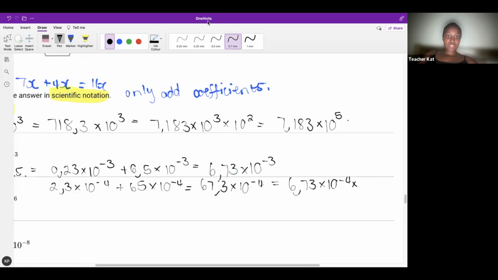So my exponent is positive what? How many times did we move it, guys? From there to there. 1. So it's just 10 to the power of 1. So then if we add my exponents, I'm left with 6,73 times 10 to the power of negative 3. Do you see it's the same answer? So whichever exponent you chose, it is what it is. Don't worry about it.